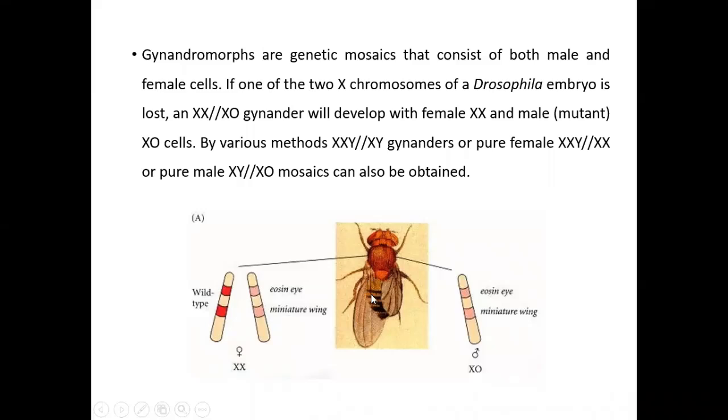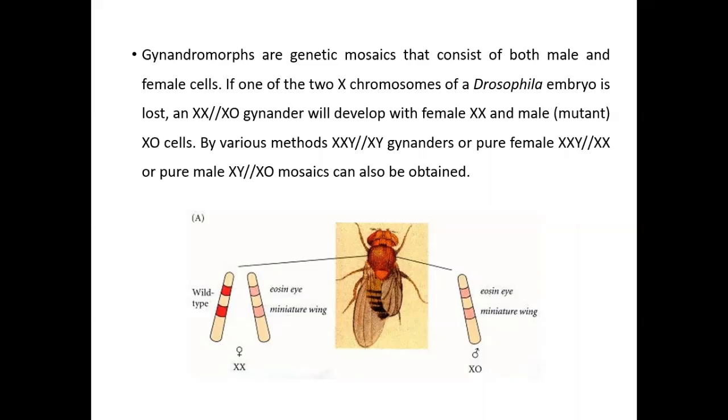The male portions of the body may have eye and body colors, shells, and other characters that differ sharply from those in the female portion. A direct mechanism that gives rise to gynandromorphs was discovered in the silkworm by other scientists, Goldsmith and Katsuki. So we will see later.